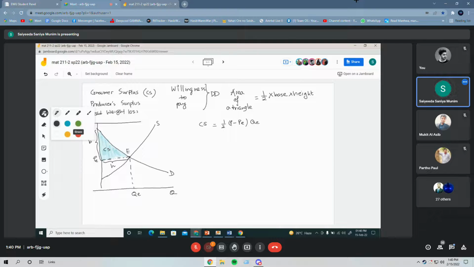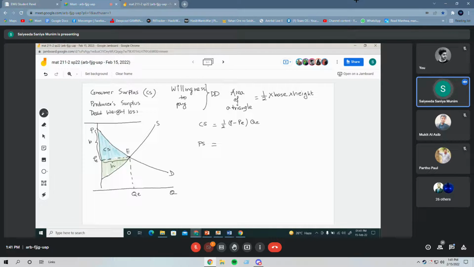Similarly, we can find the producer surplus: what the producer receives for each unit minus the actual cost of producing it. The producer receives the PE price for each unit, but his cost of producing each unit is given by the supply curve.